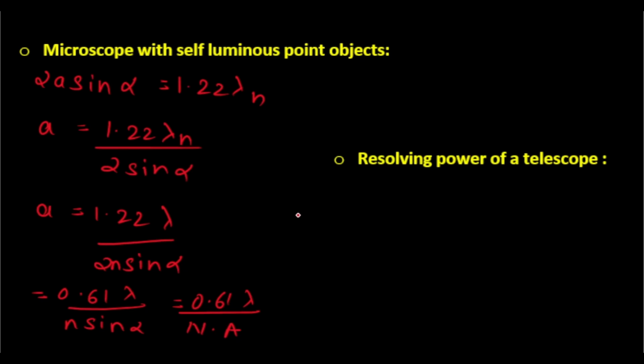So the resolving power R is equal to 1 by a, which is NA divided by 0.61 lambda.